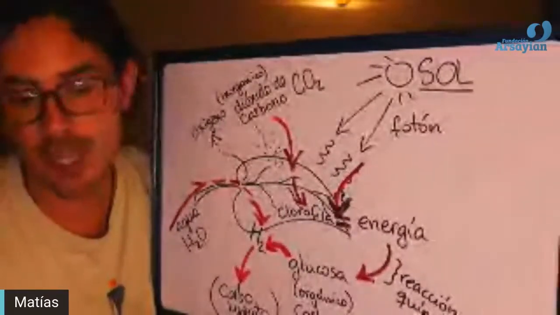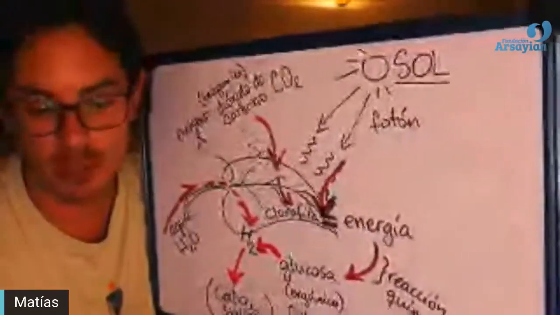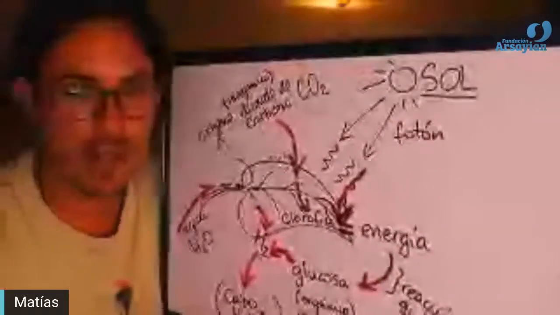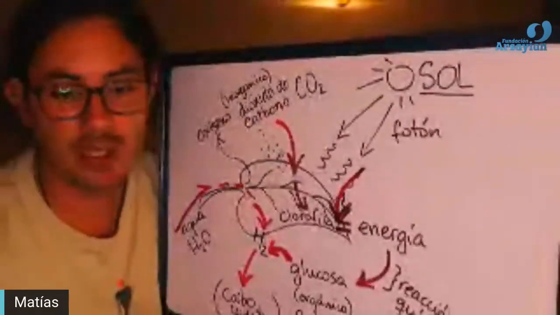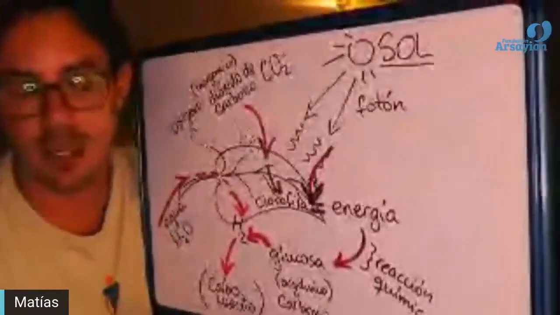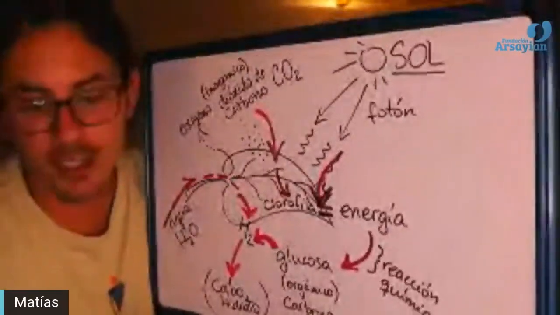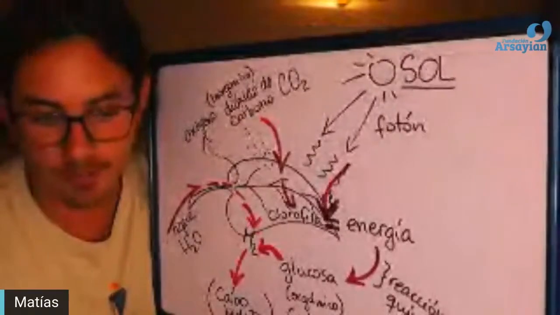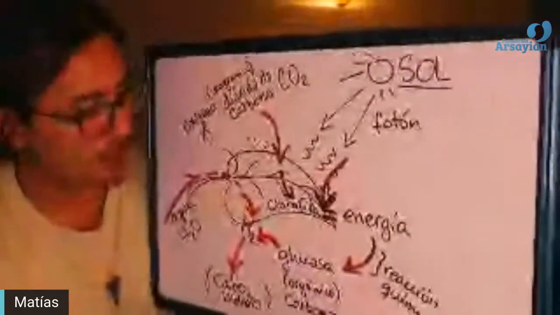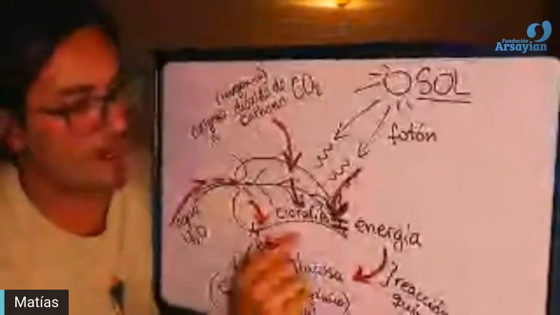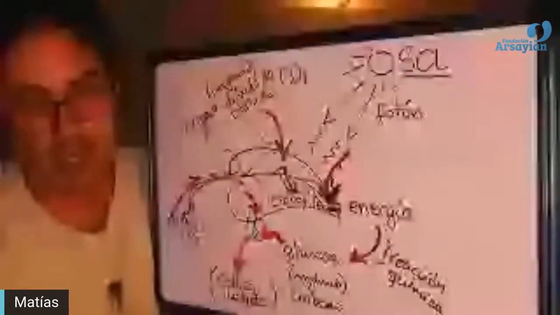It needs energy to create its own nutrients. In a different way from how we do it, that we eat things from the outside, the plant needs to create its own food within. So this energy will be used to create its own food.